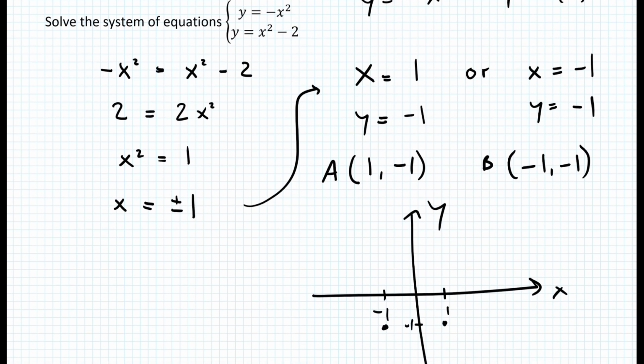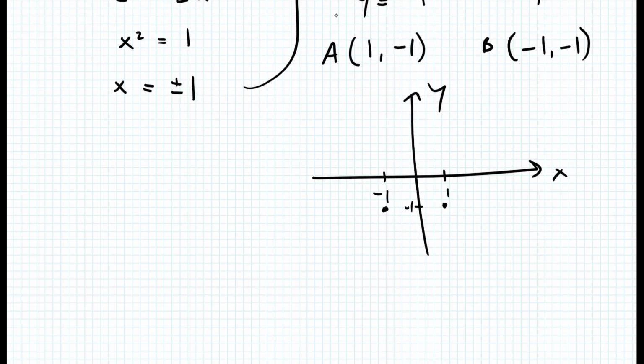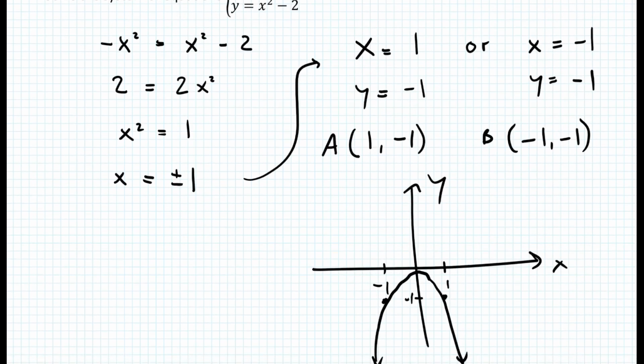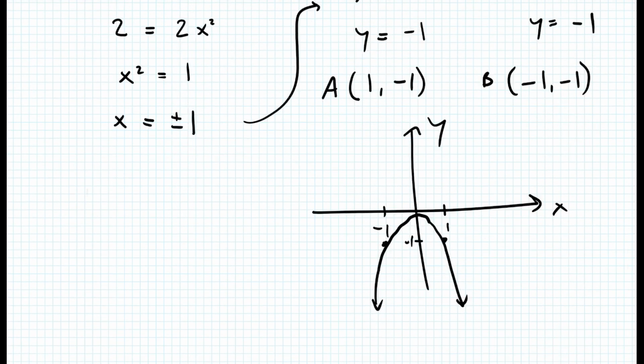But how do these look? Both of these are actually parabolas. Keep in mind that the first one, y equals negative x squared, is a parabola that goes downwards and has its vertex at the origin. So it's just a regular parabola. But what about the other one, x squared minus 2?